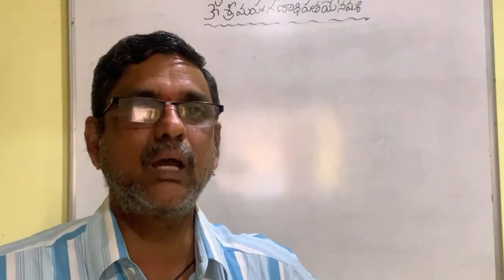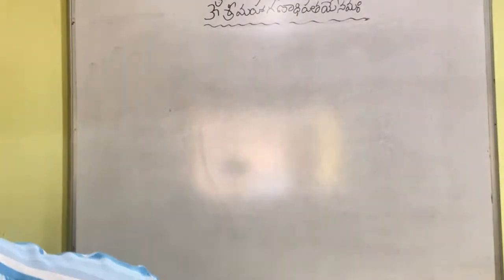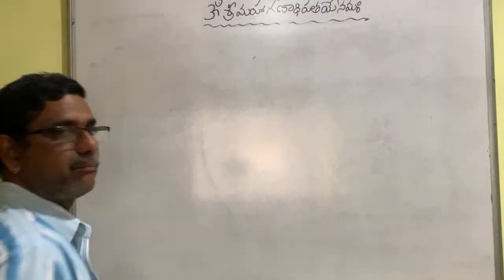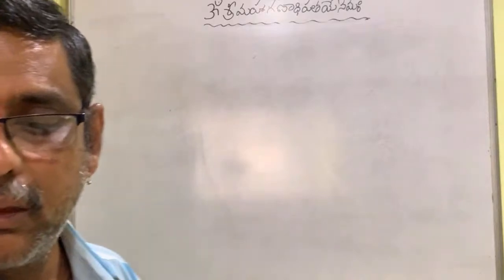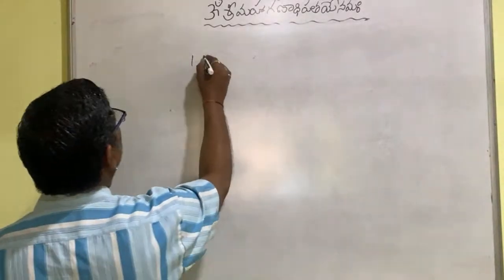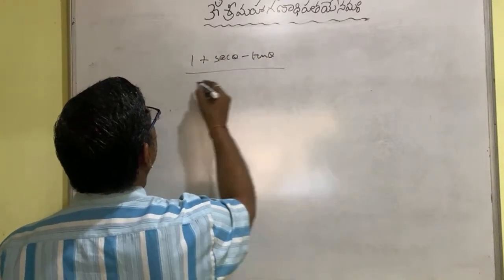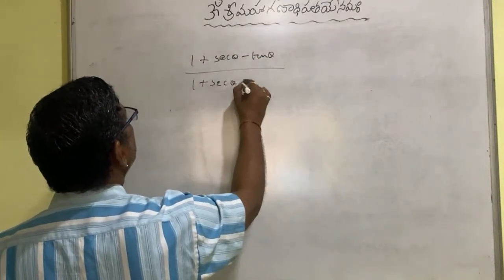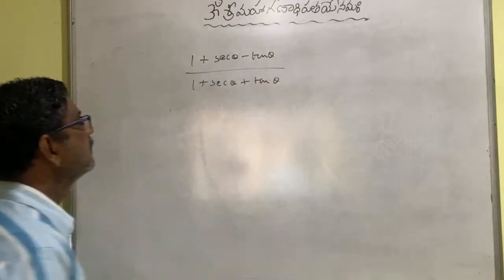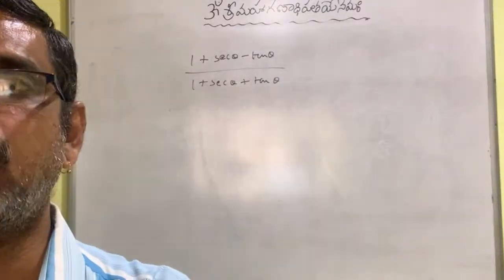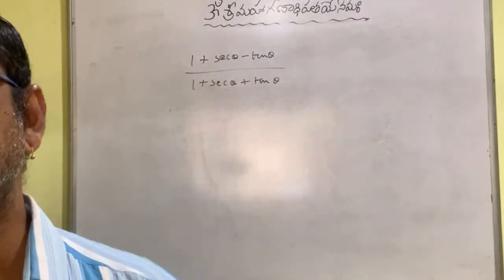But in your syllabus you have only problems on first identity, that is sin square a plus cos square a is equal to 1. Okay na? Now what is the problem given over here? 1 plus secant theta minus tan theta by 1 plus secant theta plus tan theta is equal to 1 minus sin theta by cos theta.